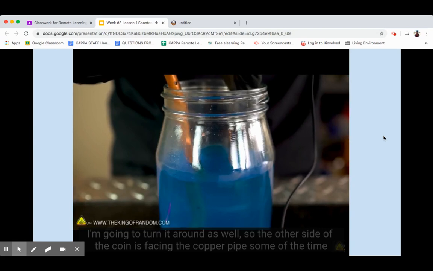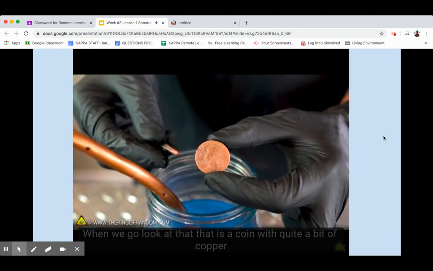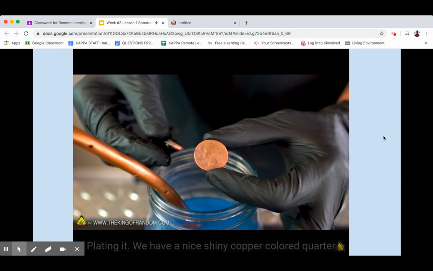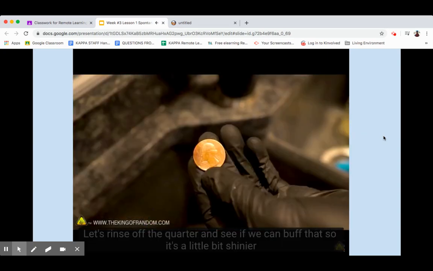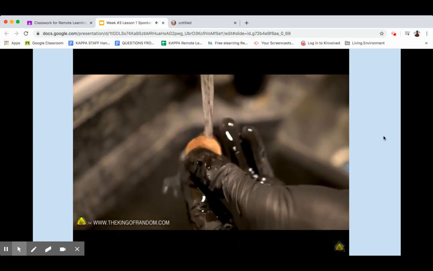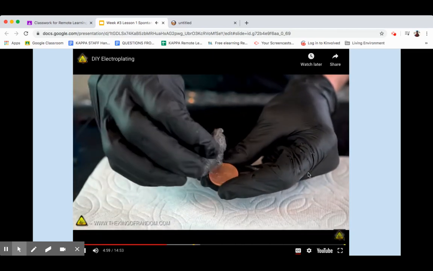I'm going to turn it around as well so the other side of the coin is facing the copper pipe some of the time. Here we go. Look at that. That is a coin with quite a bit of copper plating on it. We have a nice shiny copper colored quarter. Let's rinse off the quarter and see if we can buff that so it's a little bit shinier. We've got our steel wool. Let's lightly buff our copper and see if it brings out any shine.